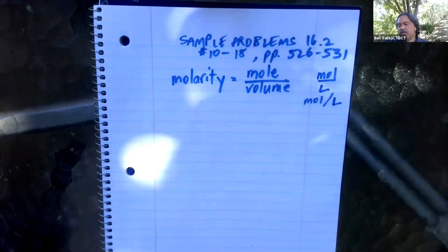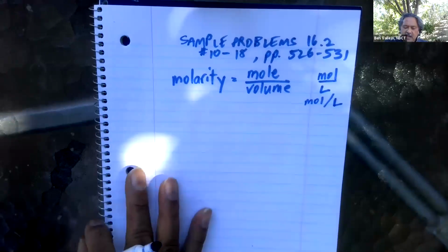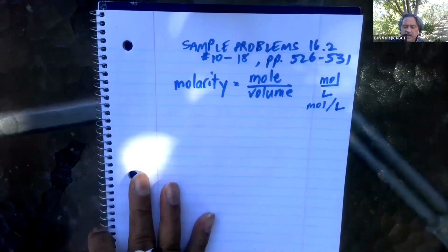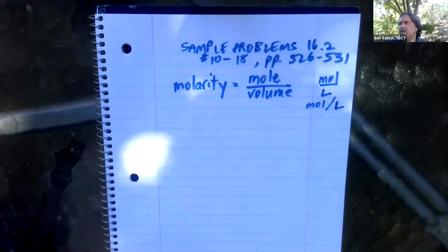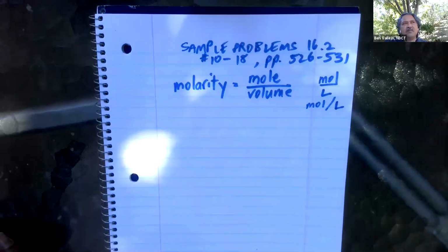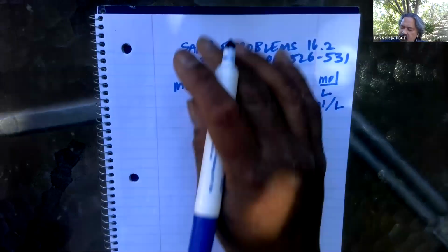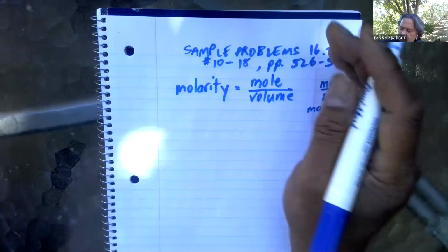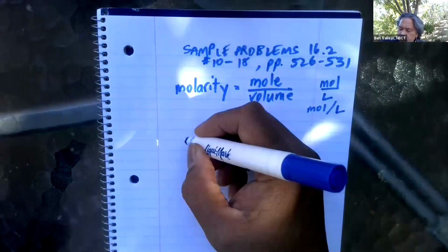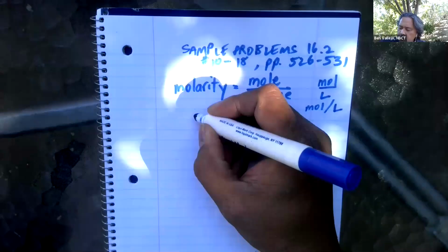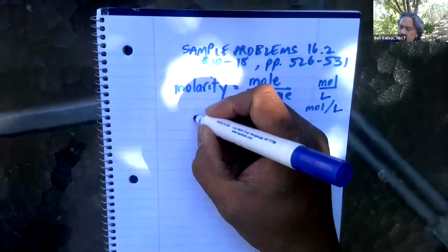Now here's a trick we often teach you in an algebra class, but it'll work here. It's called the magic triangle. For those of you whose math skills aren't where they should be, we have kids set up a triangle, and it works like this. Molarity, which is a capital M, is equal to moles over volume.